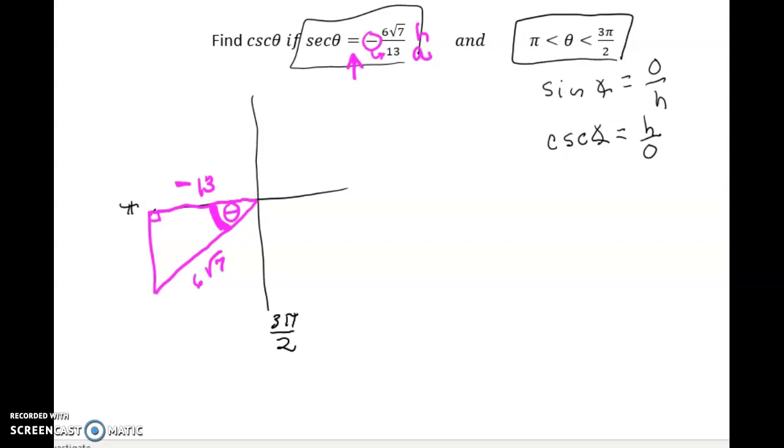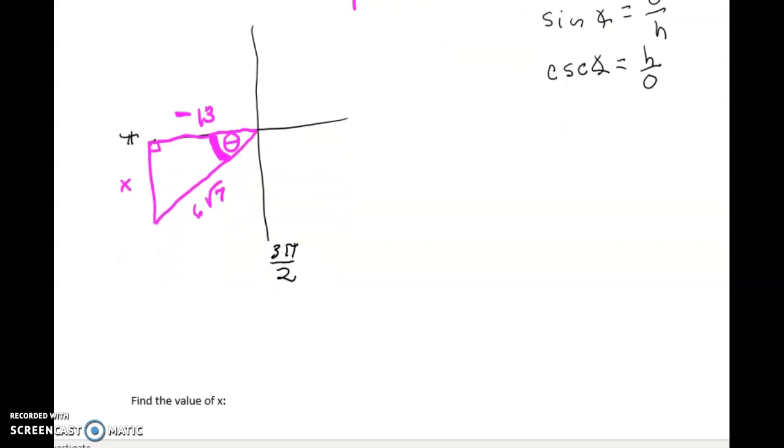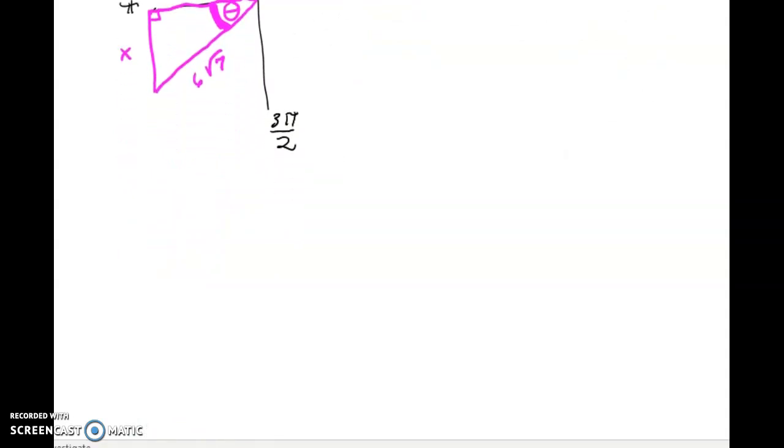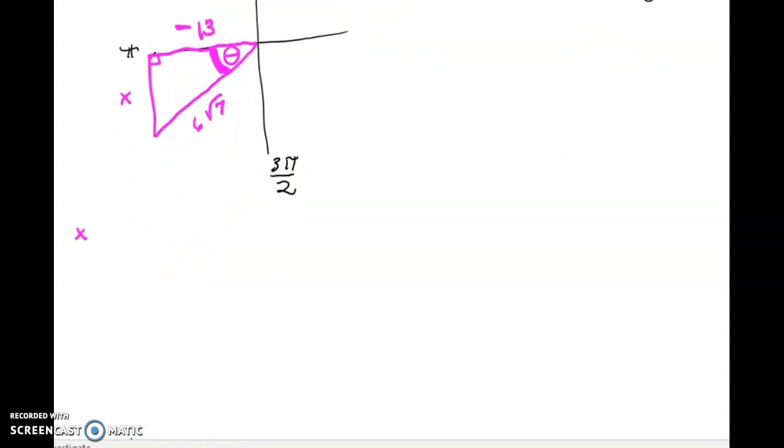All right. Now we'll need to find the missing side. We'll just call it x for simplicity. So we're going to use Pythagorean theorem. x squared plus negative 13 squared is equal to 6 square root 7 squared.